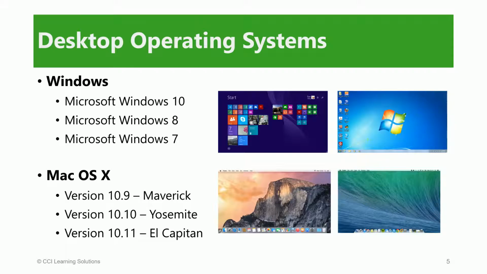Now, talking about versions and editions. Windows 10, 8, 7, and Mavericks, Yosemite, El Capitan, those are all versions. And then you have editions. The easier ones to note on editions are with Windows, because they have their Home Edition, their Pro Edition, and their Ultimate Edition.